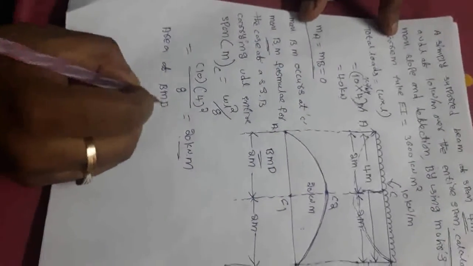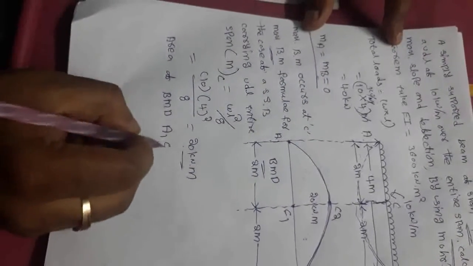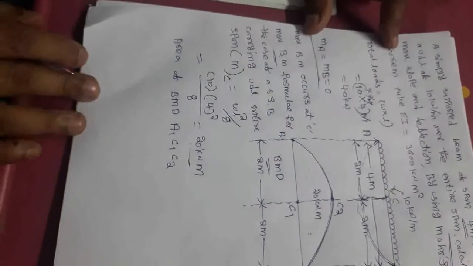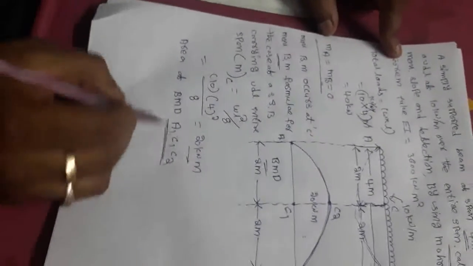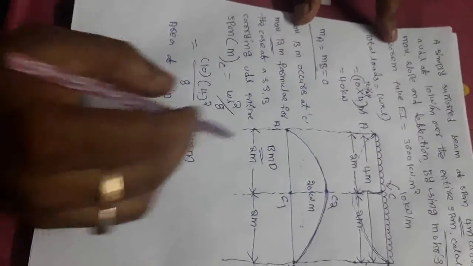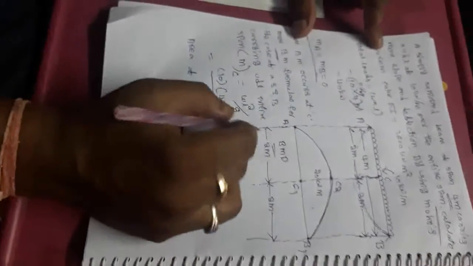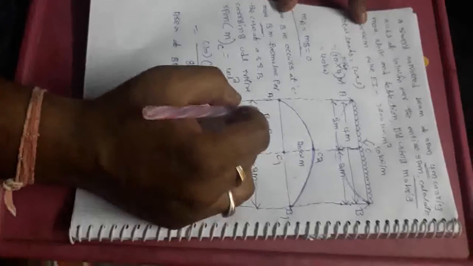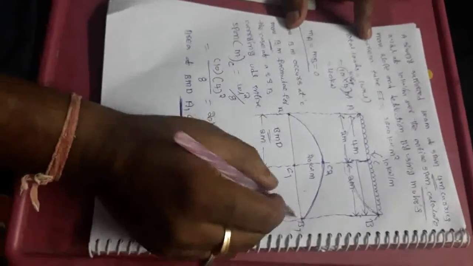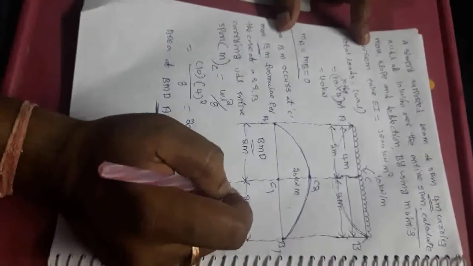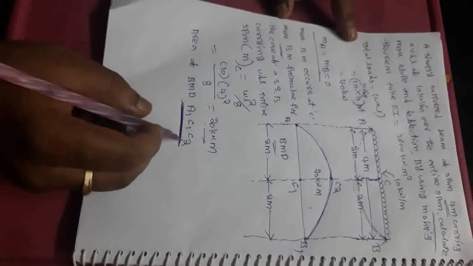So the area of the BMD, the bending moment diagram, that is A1, C1, C2. Look at these terms first: in the diagram A1, C1, C2, we have a base and a height.